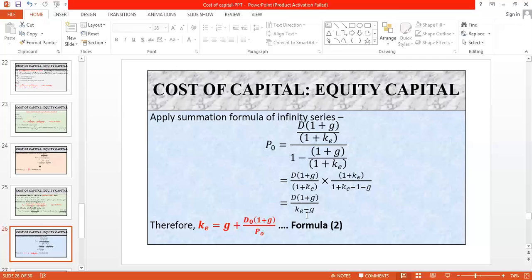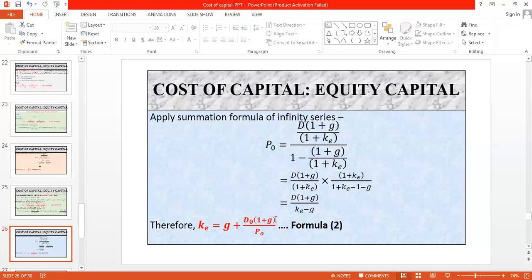Now rearrange it, then ultimately the formula becomes cost of equity is equal to growth rate G plus D0 into 1 plus G divided by P0. In fact, in the numerator, instead of D0 into 1 plus G, you can write D1.